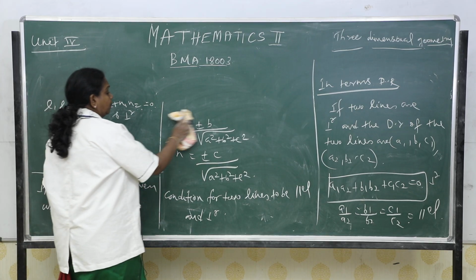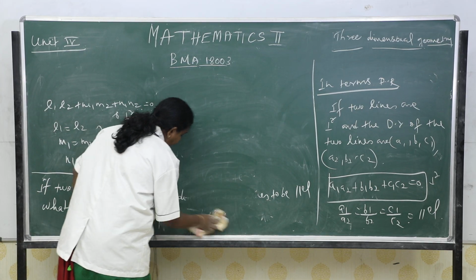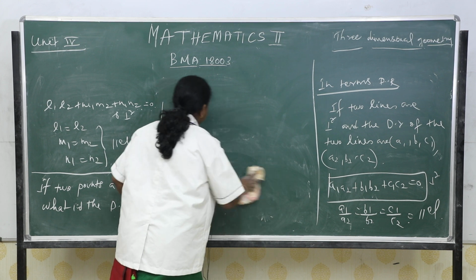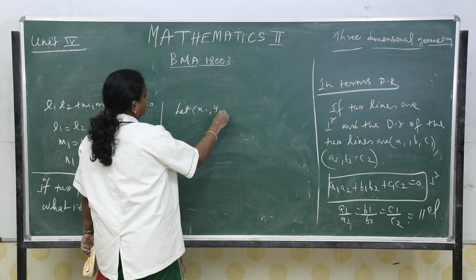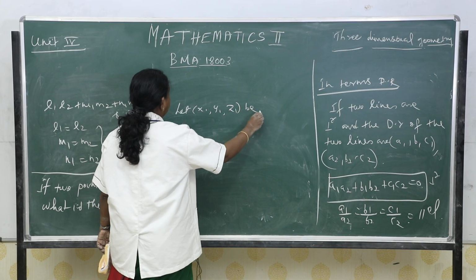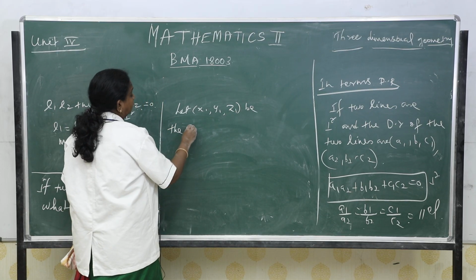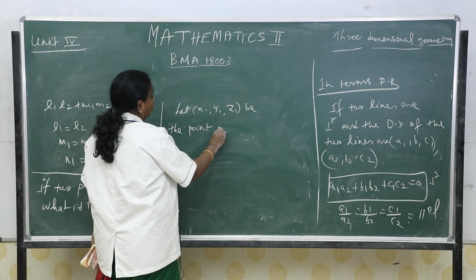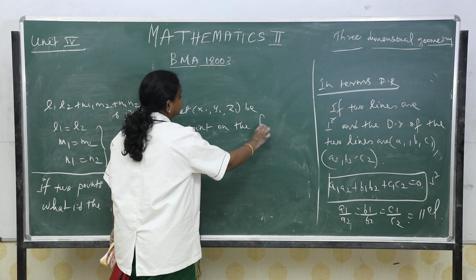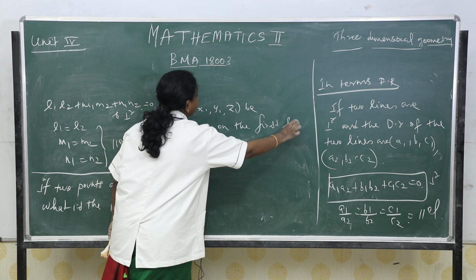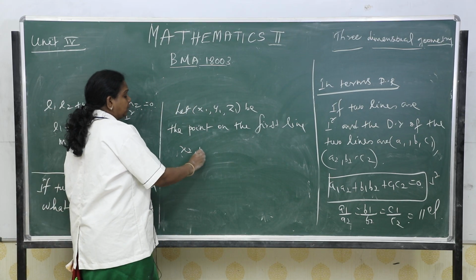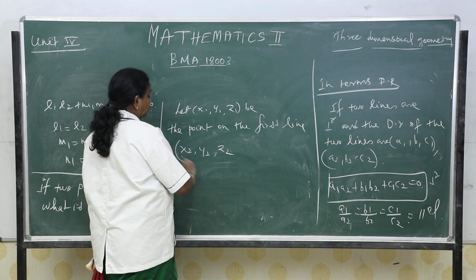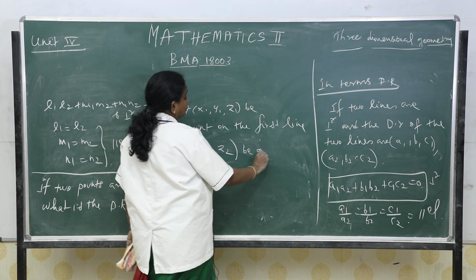Let x1, y1, z1 be the point on the first line, and x2, y2, z2 be a point on the second line.